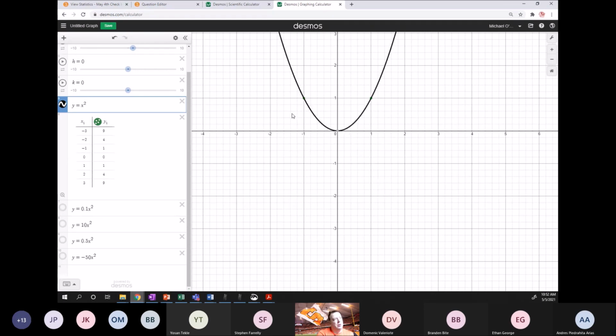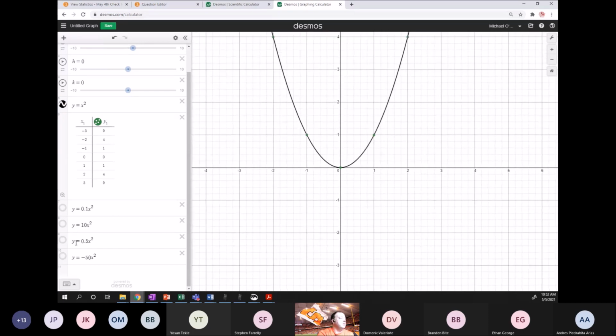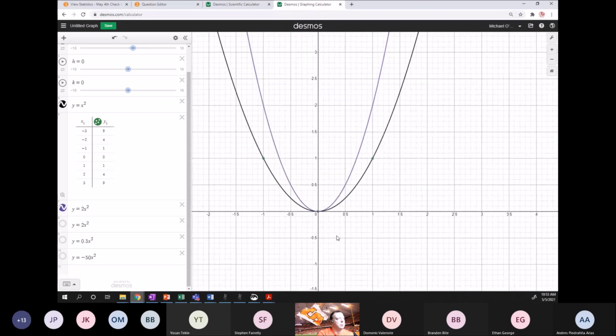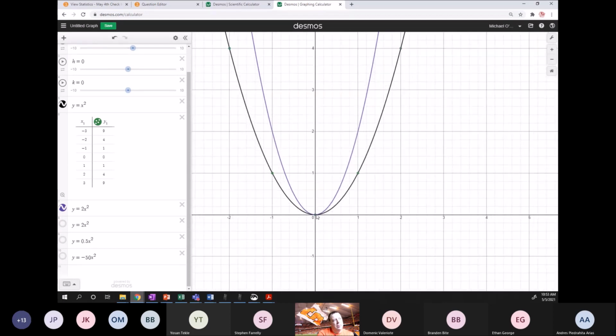Now I'm going to show you something here. Let's just experiment. Hopefully that's a different color. Oh, stupid black. Let's look at this one. I put a 2 in front of there. Look what happens to my step pattern. There we go.